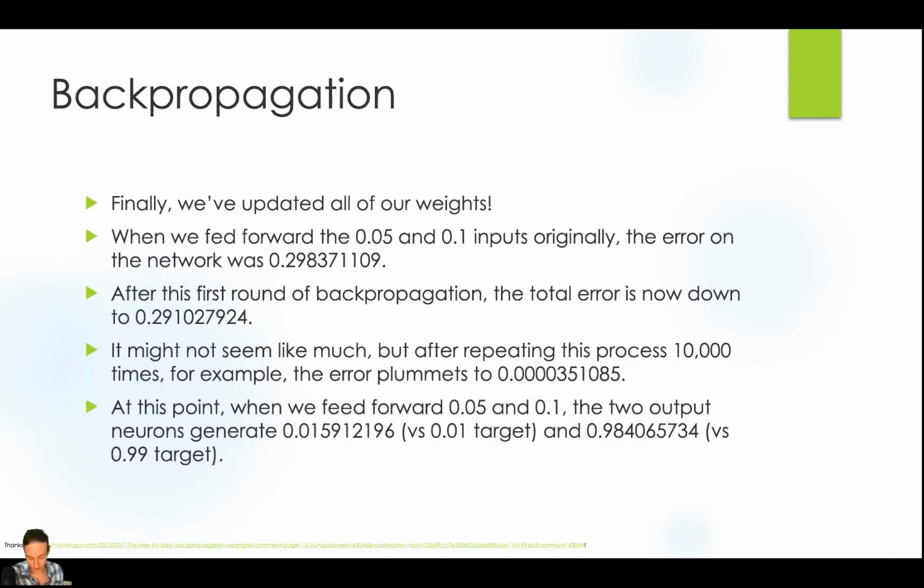All right, so finally we've updated all of the weights. When we feed forward the 0.05 and 0.1 inputs, originally the error in the network was 0.29, etc. We calculated this. After a first round of backpropagation, if you change all the weights to the new weights that we calculated, you'll find this error, which is slightly less, as you see. Now, it might not seem like much, but when you repeat this process 10,000 times, the error plummets to a very low number.